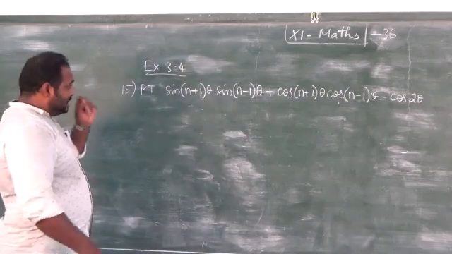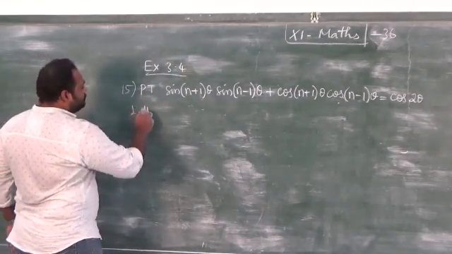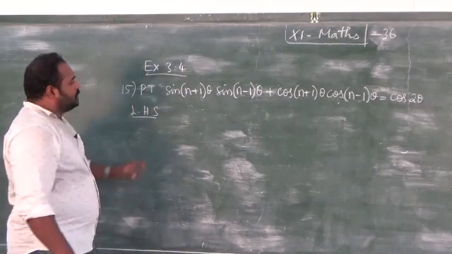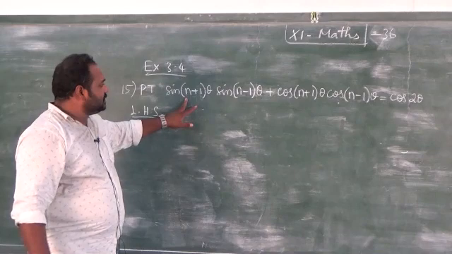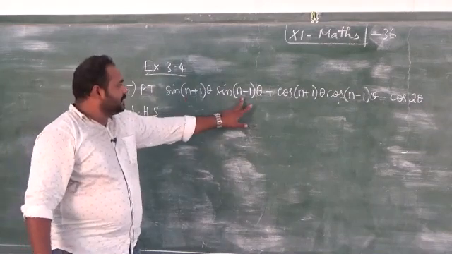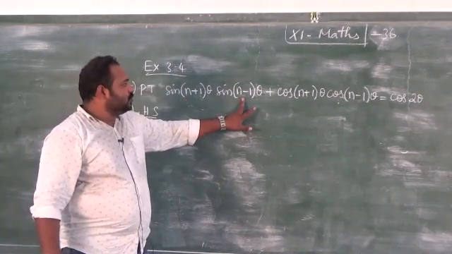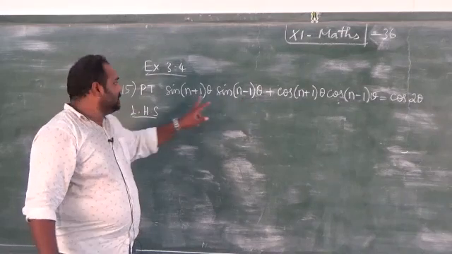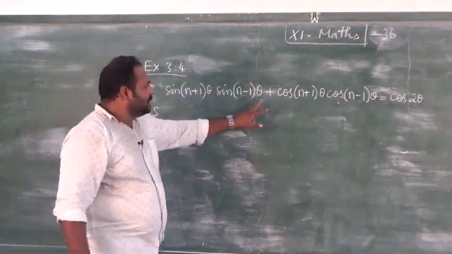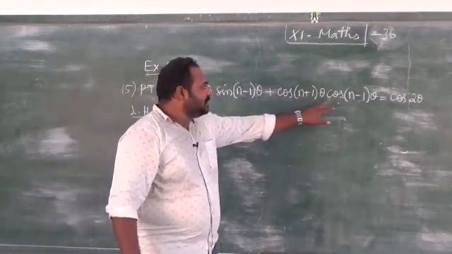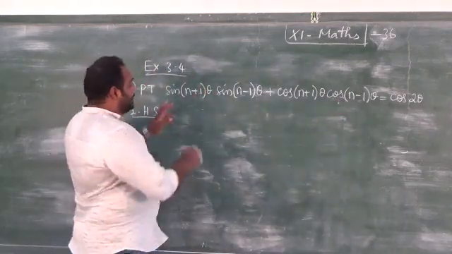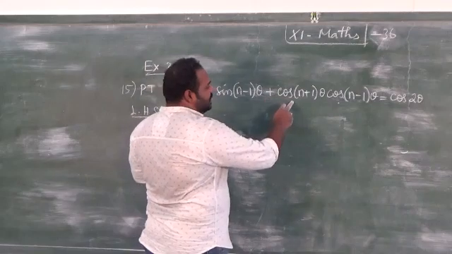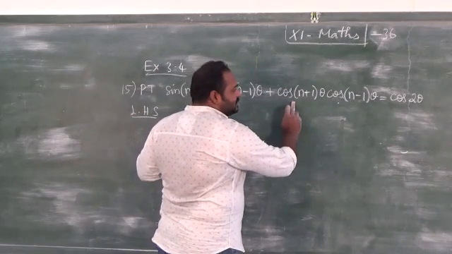So look at this LHS side. If you consider n plus 1 into theta as x and n minus 1 theta as y, then sin x sin y plus cos x cos y.